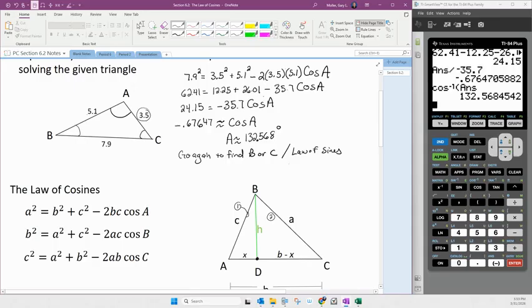So I'm going to find B. I'm going to write the sine of B over 3.5 equals my known set, which is A, so sine of 132.568, and again, ideally we use more decimal places, which is still sitting on my calculator, divided by the opposite side, which is 7.9.